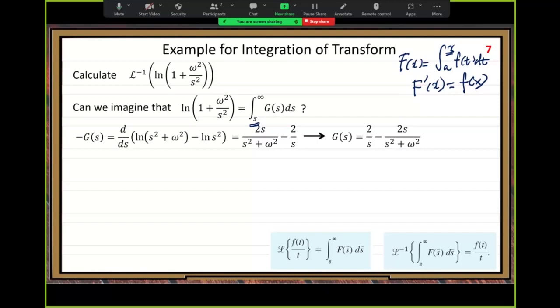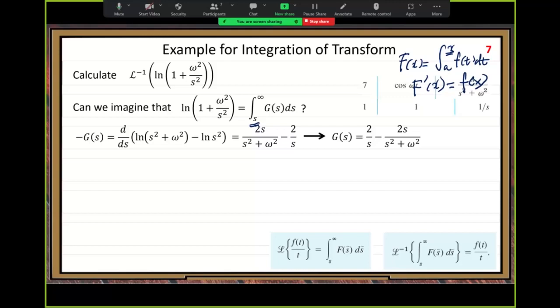Can you calculate little g from this function by inverse Laplace transform? Cosine, constant 1, basic formula 1 for this one.